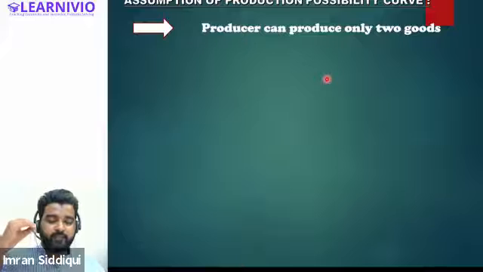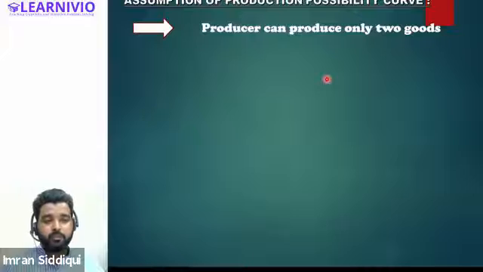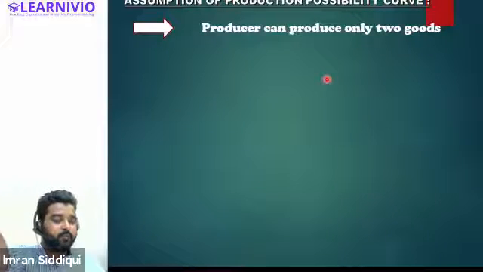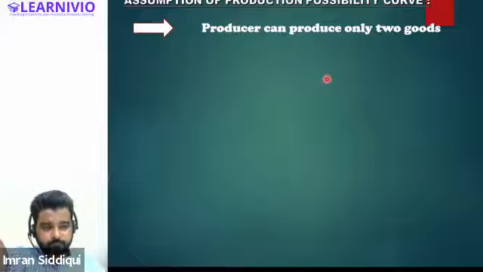We will indicate the values of wheat on the y-axis, but where will we indicate the values of onions? We have no other axis except X and Y. So we have assumed that the producer will be able to produce only two goods because there are only two axes available on the diagram. Is it clear to everyone? Steve, Samiksha, Mehjabi, please tell me if you have any doubt until now. No. Okay.